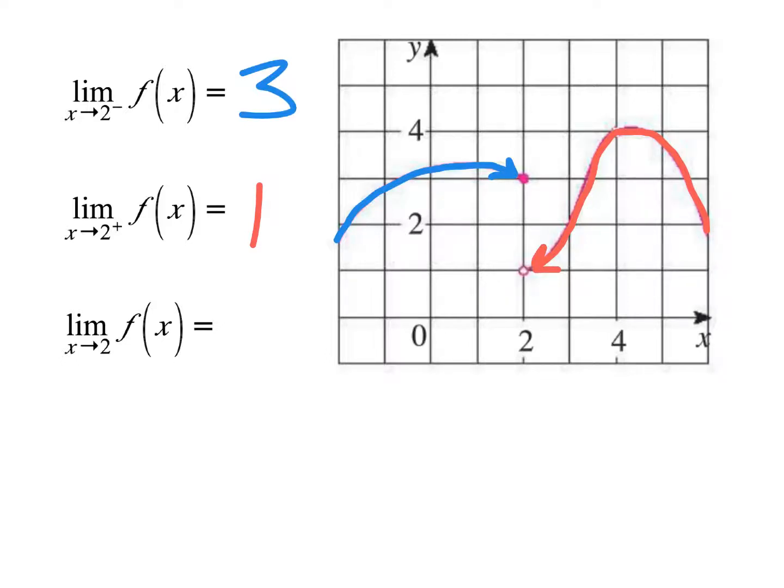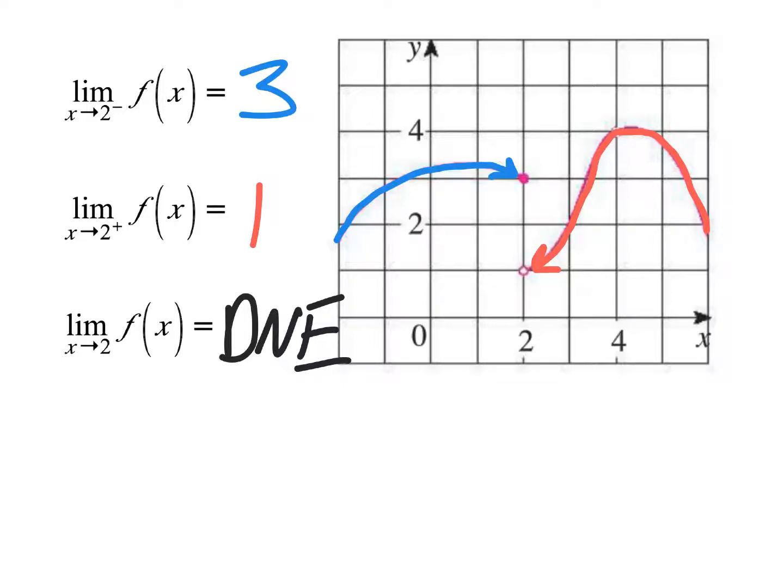Now, in this case, the limit as x approaches 2, well notice here, it's not from the positive side, it's not from the negative side, it is from both sides, and they're different numbers. When they're different numbers, that means it does not exist.